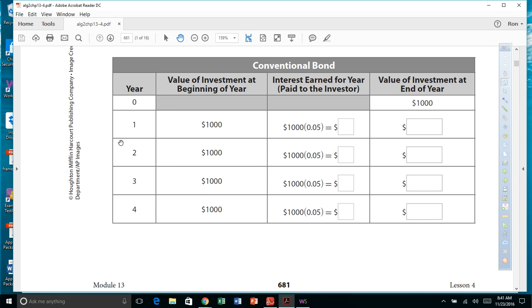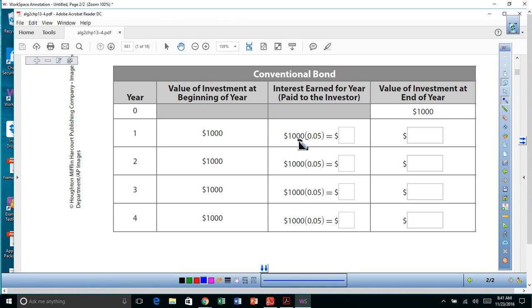Okay, so we have year one, $1,000, and then 1,000 times 0.05 is $50. Value of the investment at the end of the year is $1,000 because they paid the interest to you. They don't put it on the bond. Again, the interest earned is $50, and the value is $1,000.